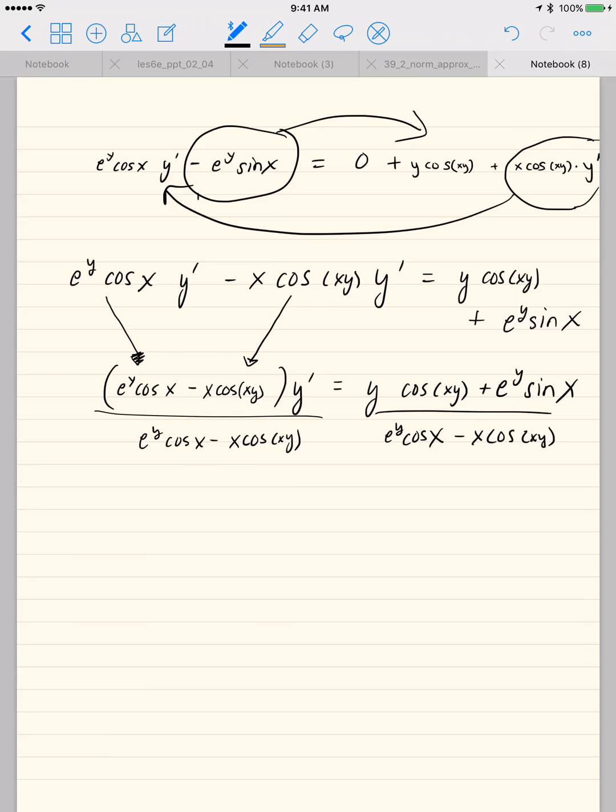And I'm left with, I think I can use red here, y prime equals y cosine xy plus e to the y sine x divided by e to the y cosine x minus x cosine xy.